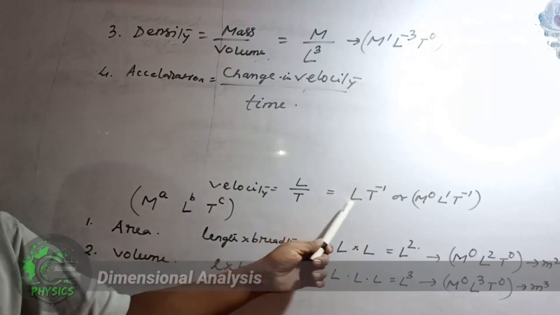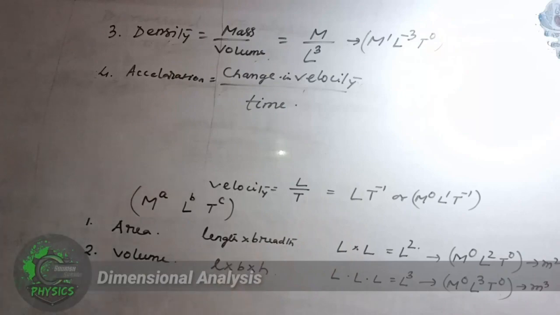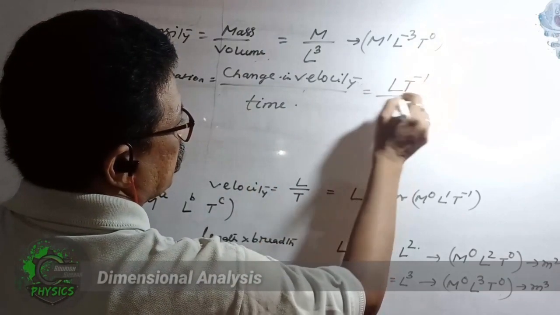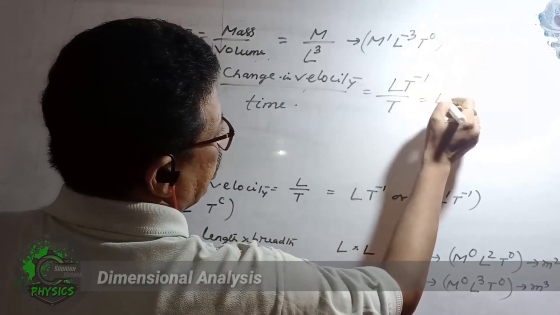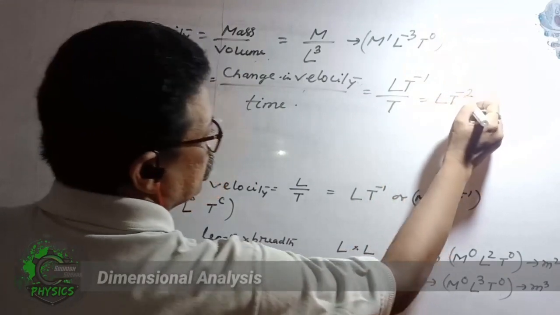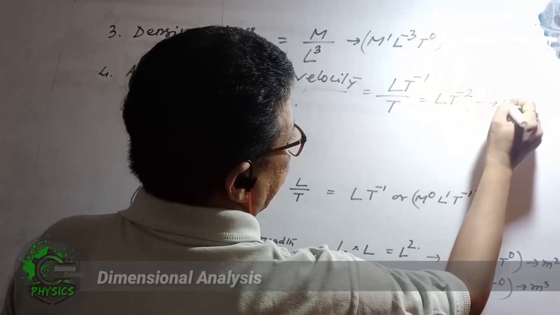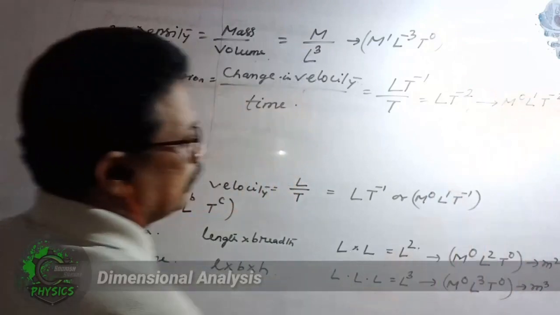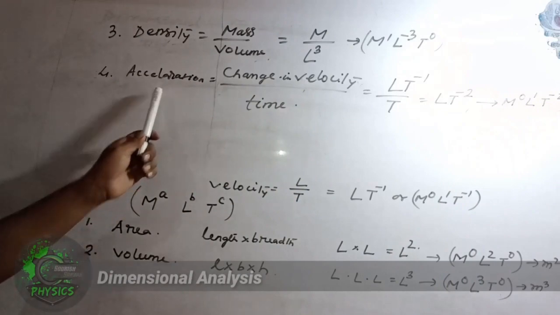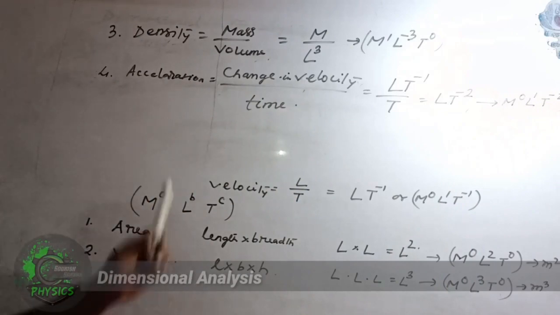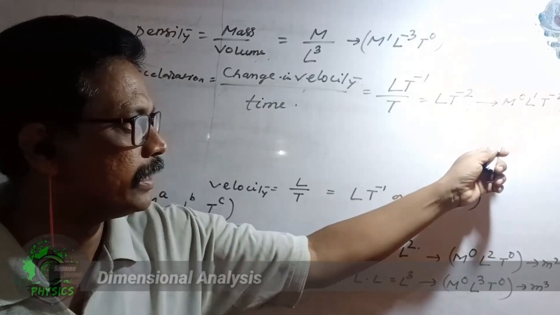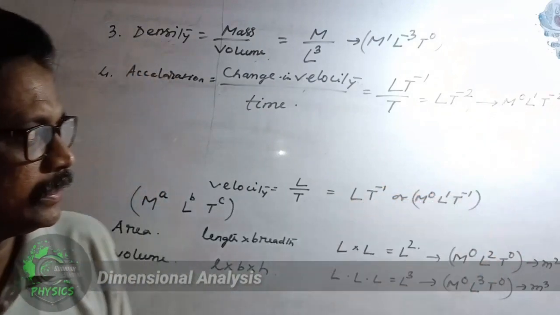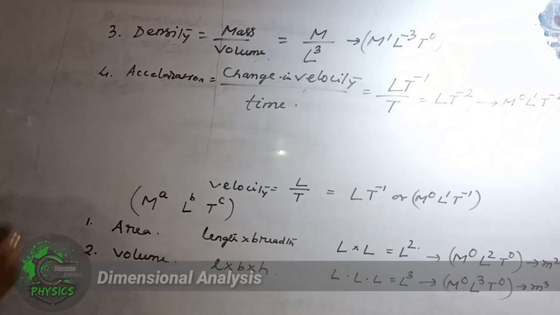So the change in velocity will have dimension L T to the power minus 1. So it is L T to the power minus 1 by T, that is L T to the power minus 2, or you can say M naught L1 T to the power minus 2. This is the dimensional formula of acceleration. So acceleration has 0 dimension in mass, 1 dimension in length and minus 2 dimension in time.